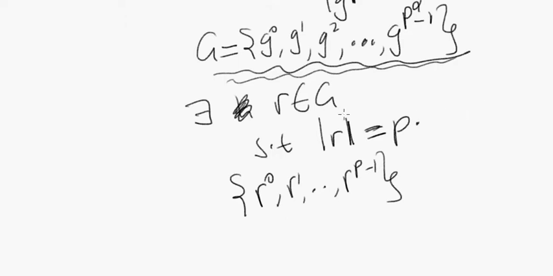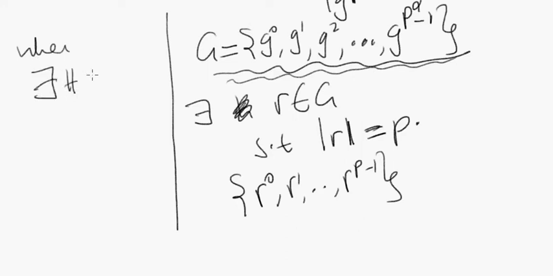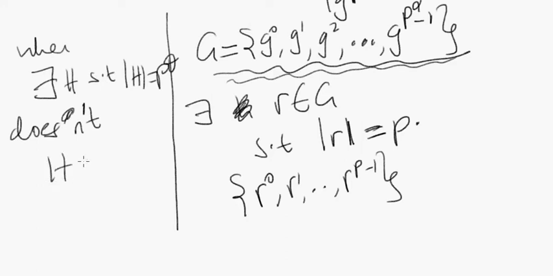Could we then divide our proof into two cases: when there exists H such that order of H equals P to the theta, and when there doesn't exist H such that order of H equals P to the theta.